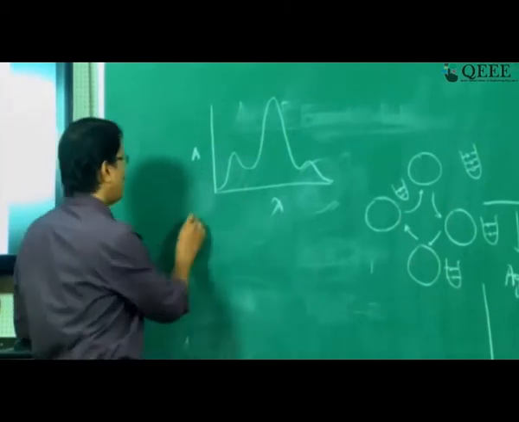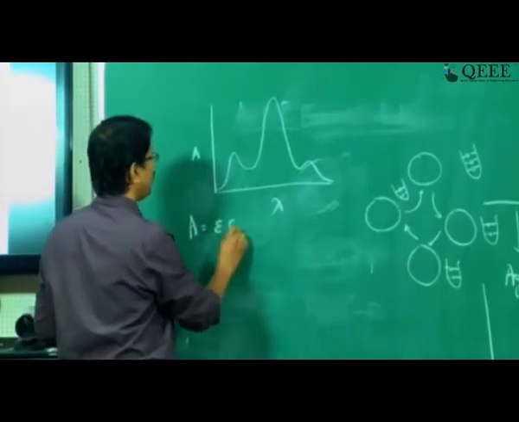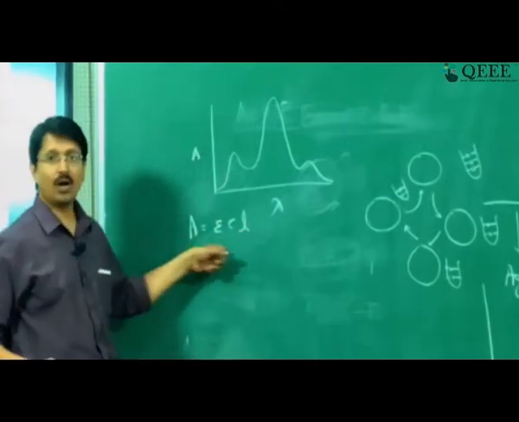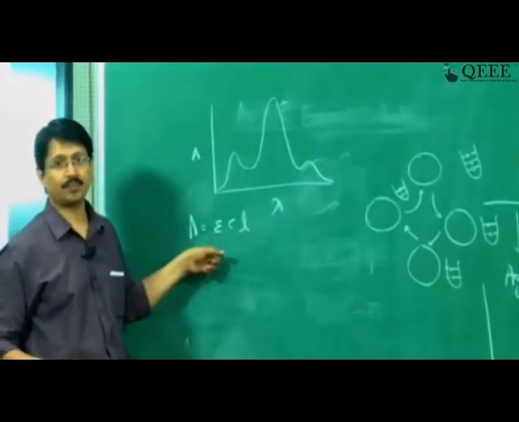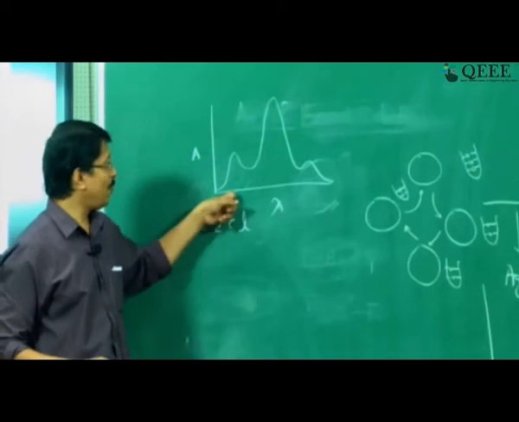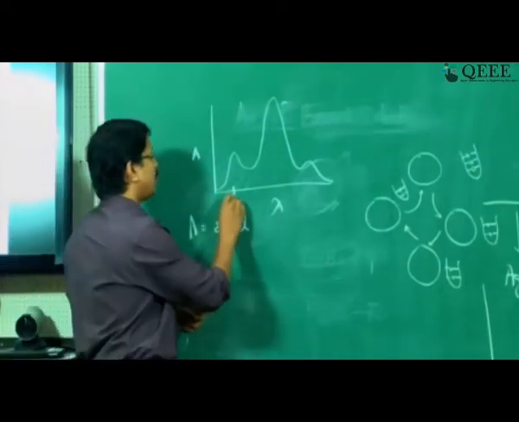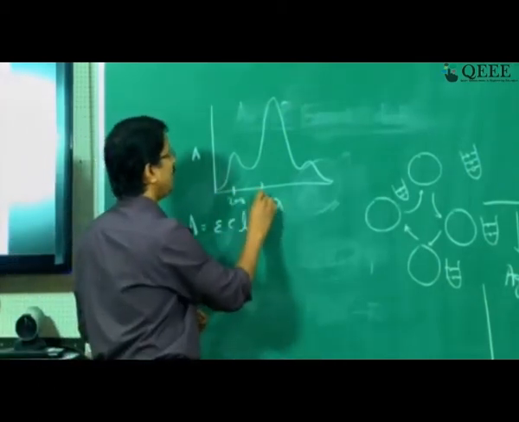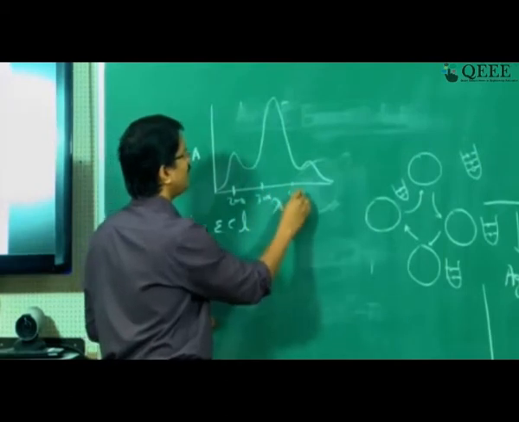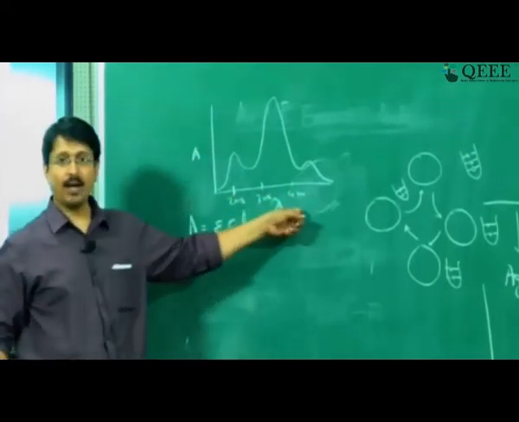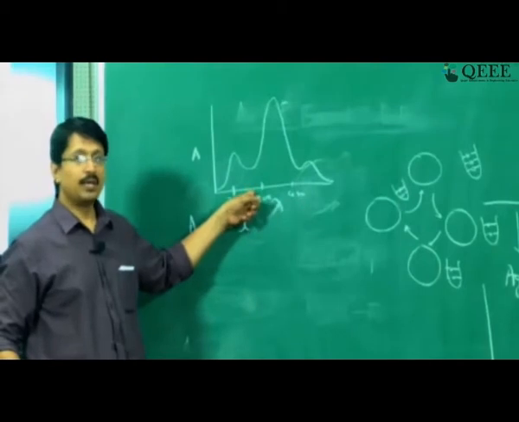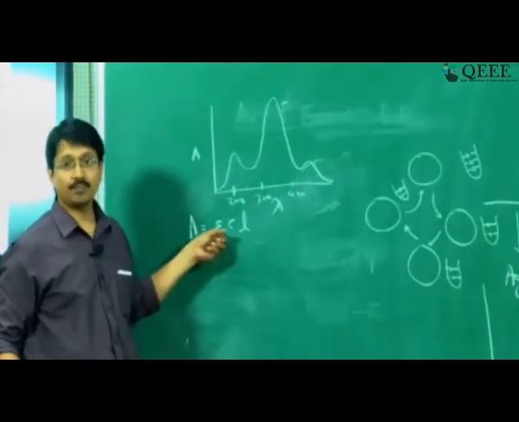Even though the Beer-Lambert law is A equals epsilon c l, where lambda is not coming in this equation, what happens is that at every lambda, this can be 200, this can be 300, this can be 400, the molecules can have a different epsilon.